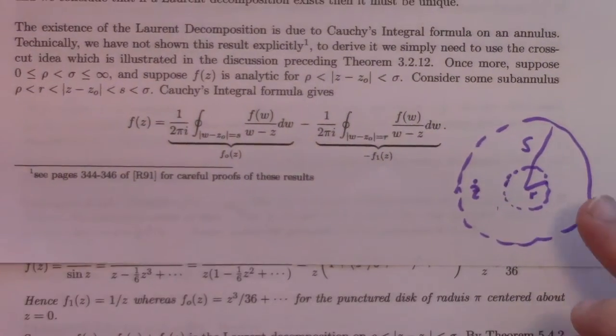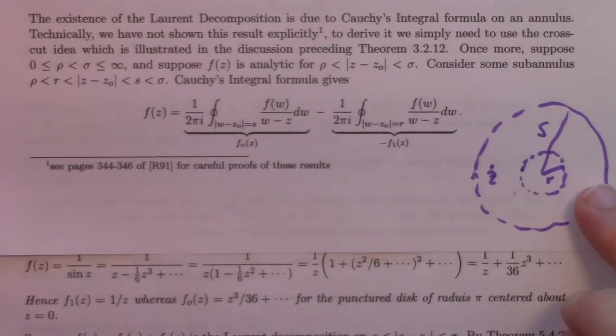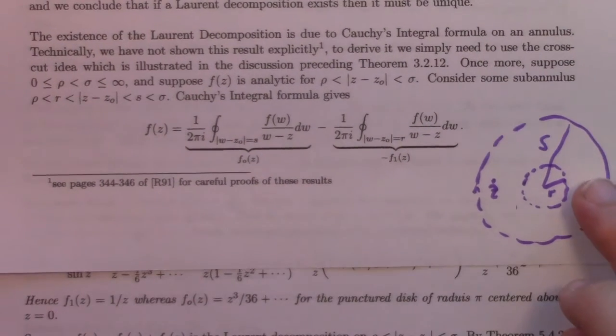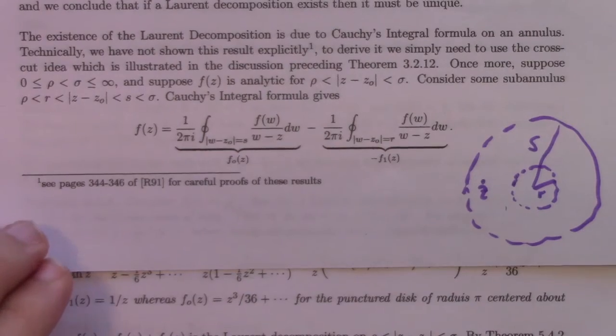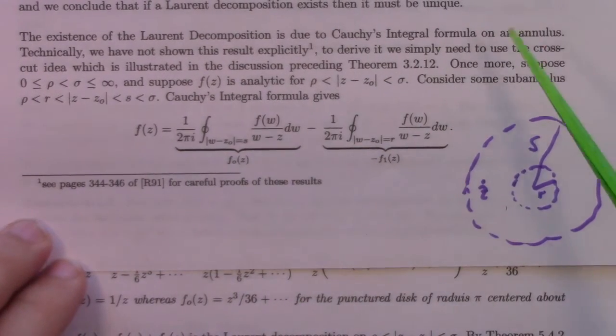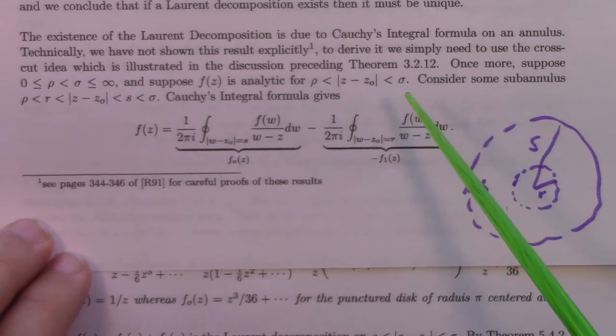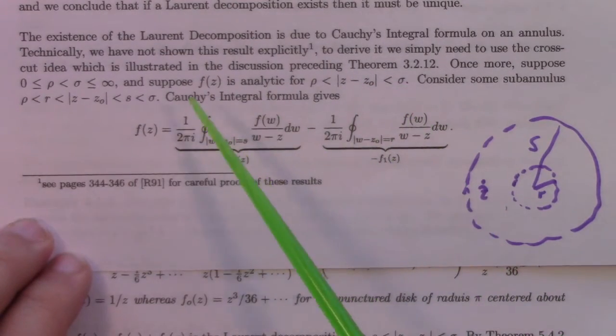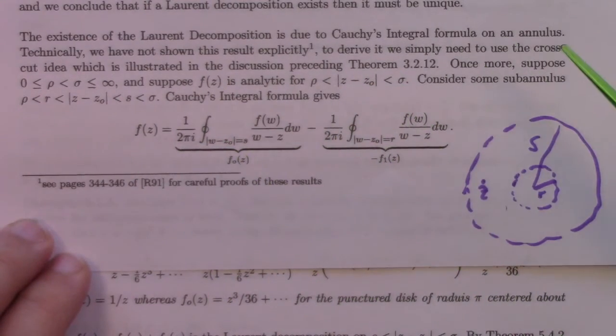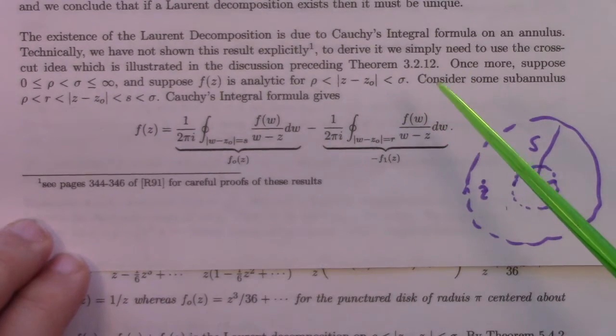Okay, so the existence then is from Cauchy's integral formula, as we talked about. Basically, we just take a point Z in the annulus, and the R and S here give us a subannulus of the annulus.